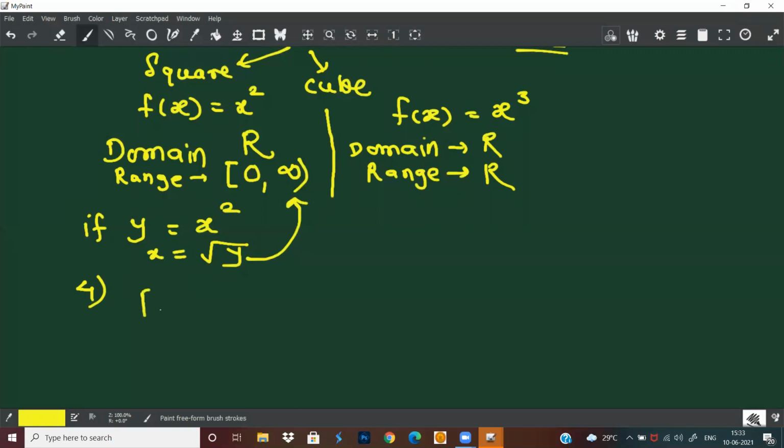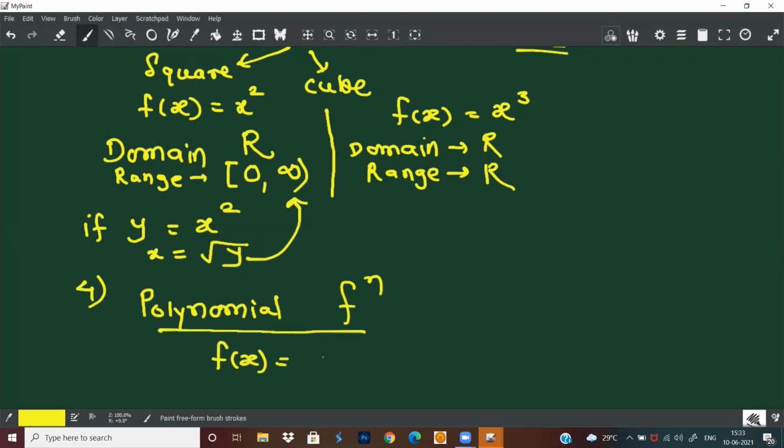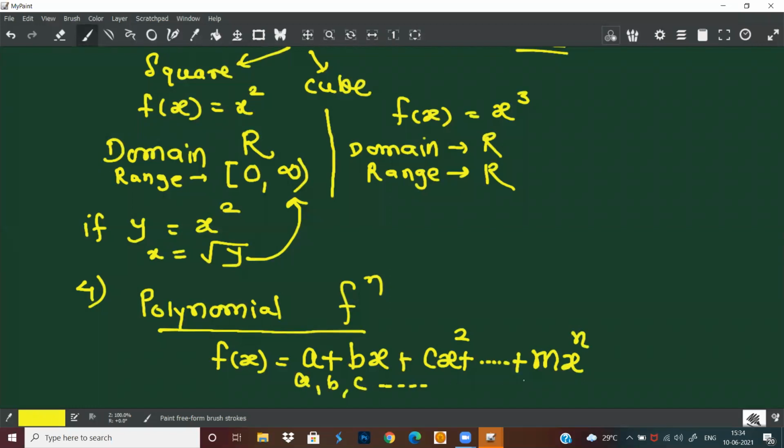अभी polynomial function, ऐसा कर सकते हैं आप. f of x is a कुछ constant plus some other constant into x plus some other constant into x square. ऐसे जाते जाते कितने भी constant plus some other constant m into x raised to n. ऐसे ABCD सीरियली नहीं है, कितने भी हो सकते हैं. They are all real numbers.